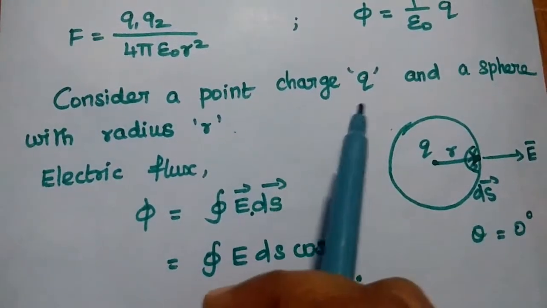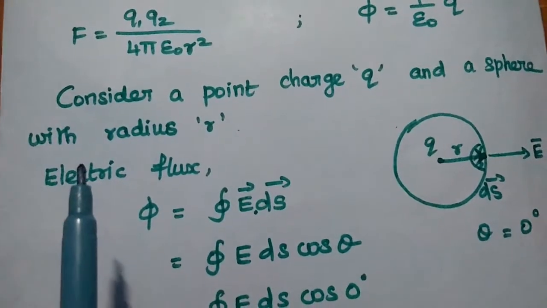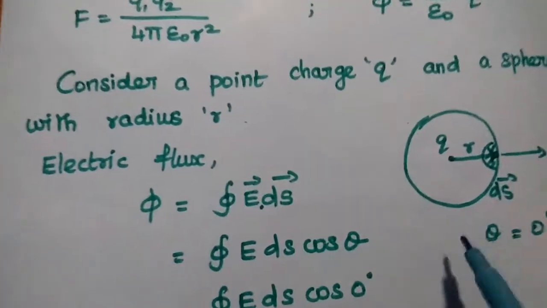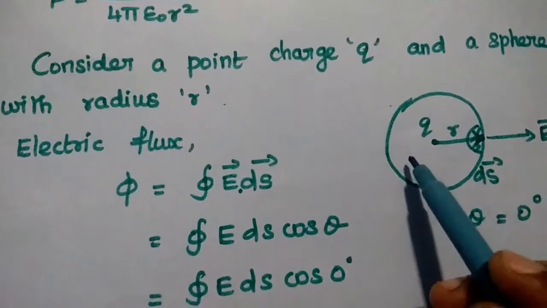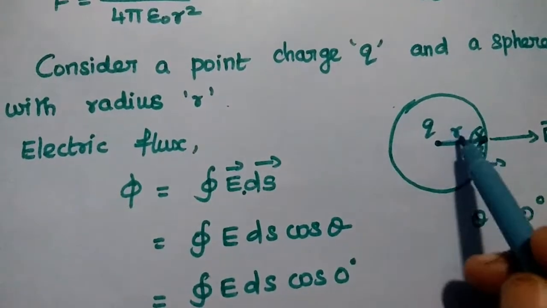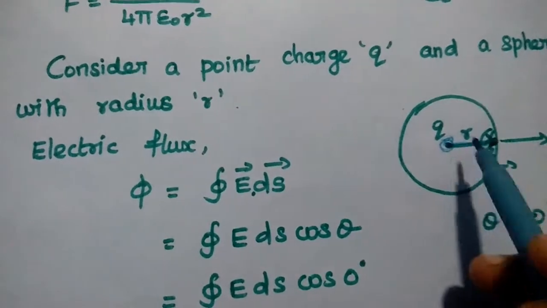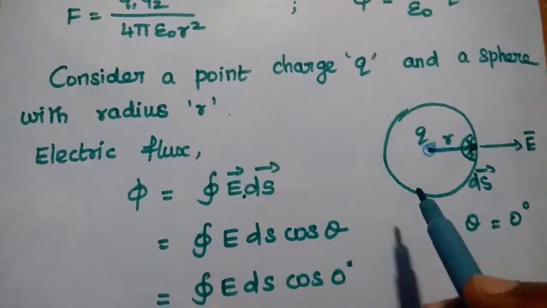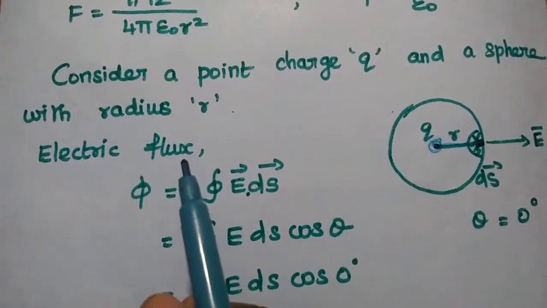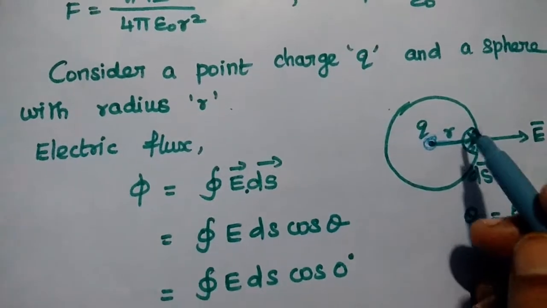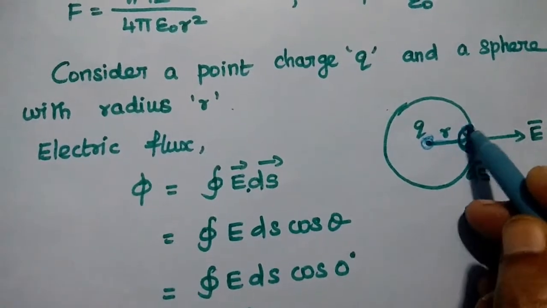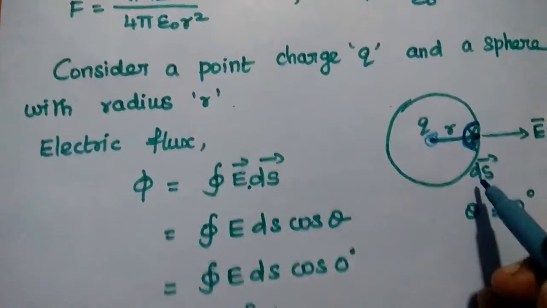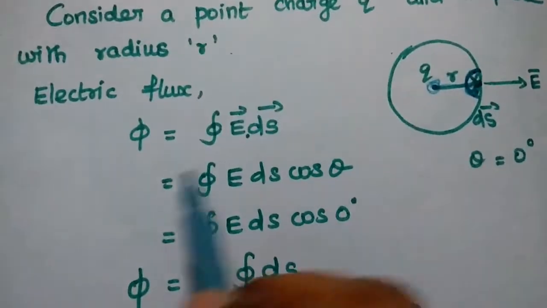Consider a point charge q and a sphere with radius r. There is a charge q at the center. We know the electric flux, and for this we can consider one small surface area ds.